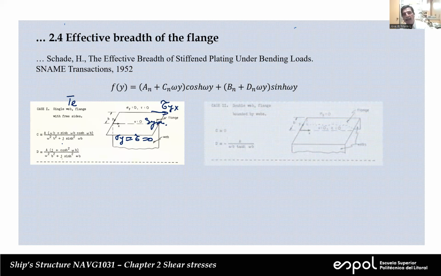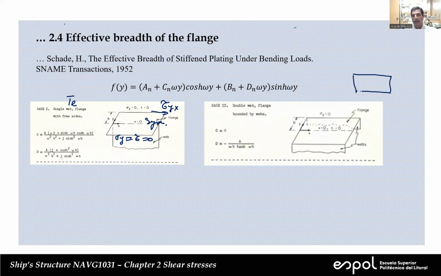The second case is this one here. If you see from the front, it's something like this. This is a web, this is another web, and this is the flange. So it's a double web case.